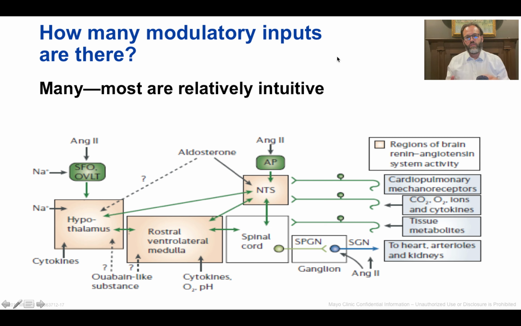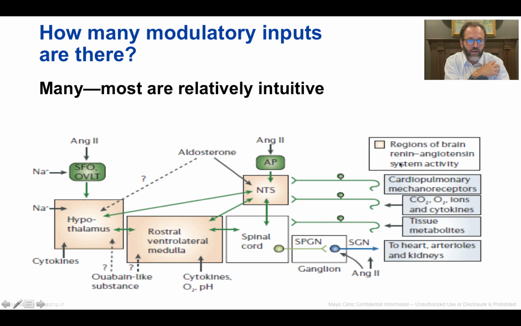So when we're looking at some of the other modulatory inputs that influence other parts of the brain and help to optimize output, or also in various scenarios can amplify these responses and contribute to pathophysiology, you can see here, again, we've got the NTS here with the RVLM, hypothalamus, spinal cord, and other areas here.